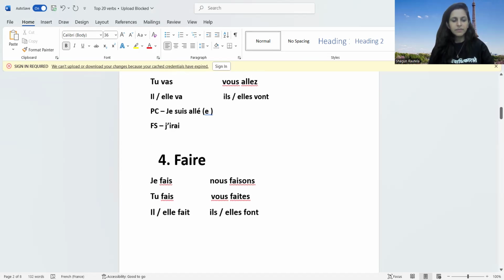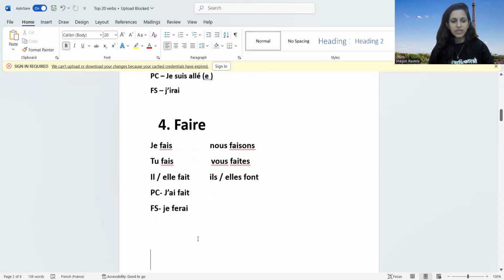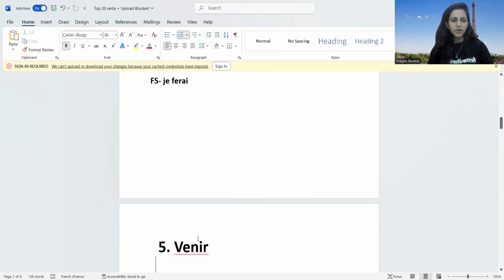And in PC, how will you do this? J'ai fait. And in FS, how will you do it? Je ferai. And then you can also make imparfait out of this when you know the nous form. You can also make conditionnel when you know the future plus imparfait ending. So all of the tenses will come from here.